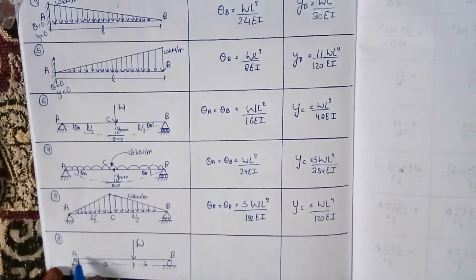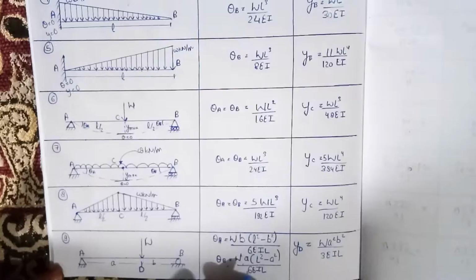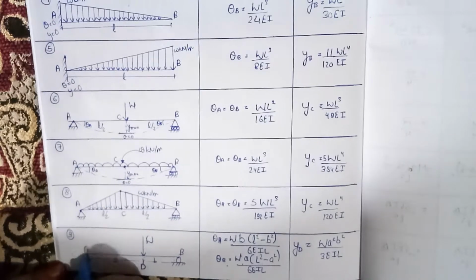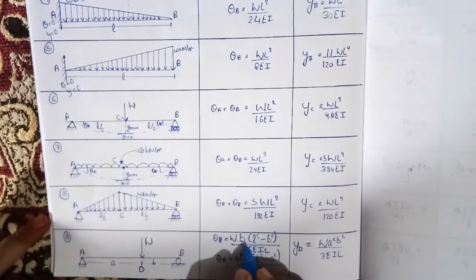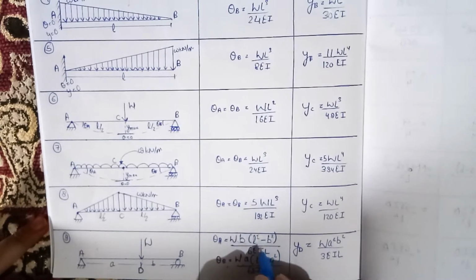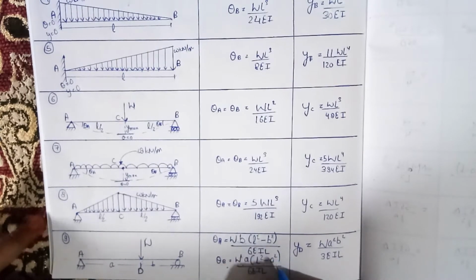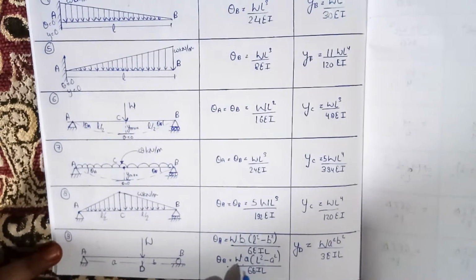In this case, this is a simply supported beam and it is subjected to a concentrated load W. The value of the slope at this joint A, theta A, will be equal to W into B in bracket L square minus B square upon 6 EIL. Similarly for the joint B, it is W into A, L square minus A square upon 6 EIL.